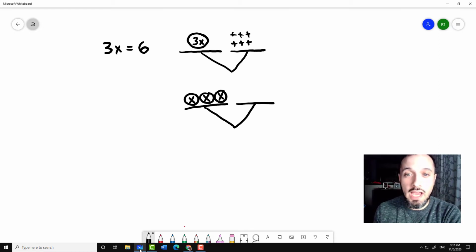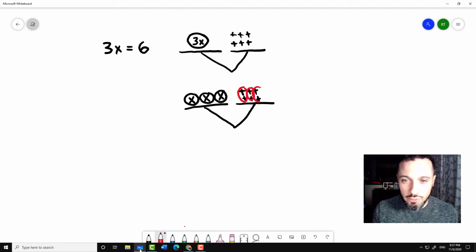And now on the other side, we had those 6 plus signs, right? 6 positives. So your job now is to figure out, okay, how can I group these 6 plus signs into 3 groups? Because I want to match it up. And the way I would do that, I can see here that I can group 2 per group.